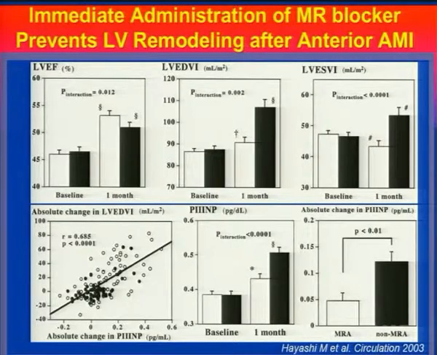And another key factor in the acute phase is spironolactone, the mineralocorticoid receptor blocker. There is a report that aldosterone receptors are increased even in the early phase of myocardial infarction, and aldosterone is incorporated in the heart in the early phase after the myocardial infarction.